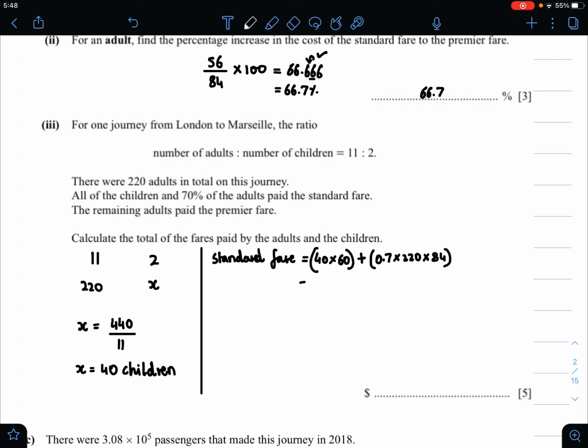Now we just have to simplify this and we'll have our standard fare, and then we'll calculate the premium fare. So the calculation will be 40 multiplied by 60, which is 2400, plus 0.7 multiplied by 220 multiplied by 84, which is equal to 12,936.